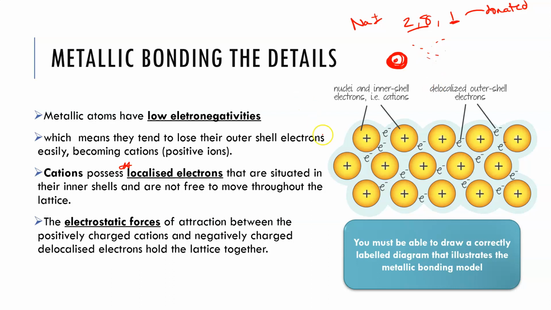Okay, so we would draw this as a stacked arrangement of positive cations. If you know the metal, then you should state what the metal is. So if we were drawing a lattice for aluminium, we would draw them as aluminium 3+ cations throughout the lattice.